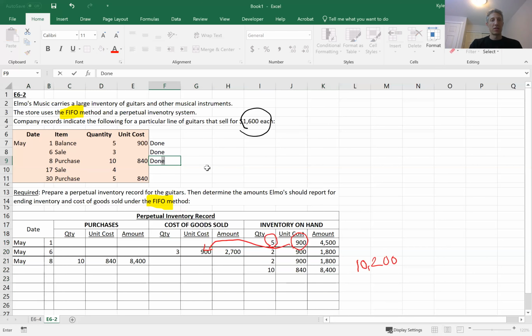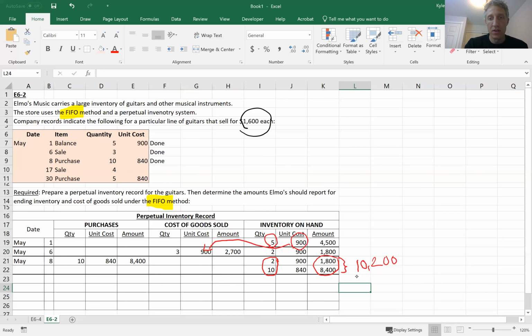We're done with this May 8th transaction. But just to recap before we move on, May 8th, we have a total of 12 units. And our balance sheet value is these two added together, which equals $10,200.